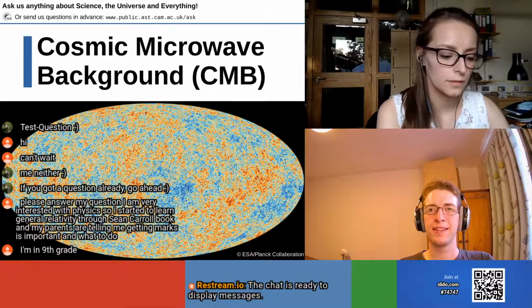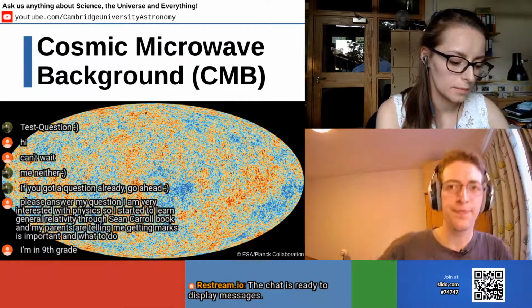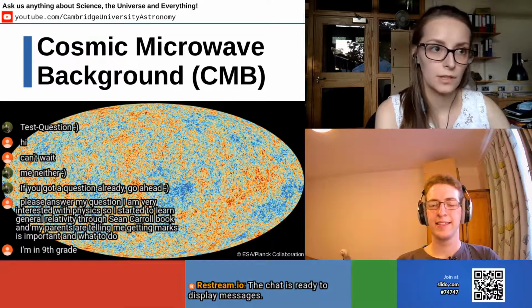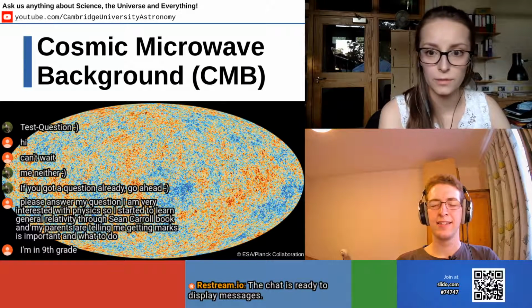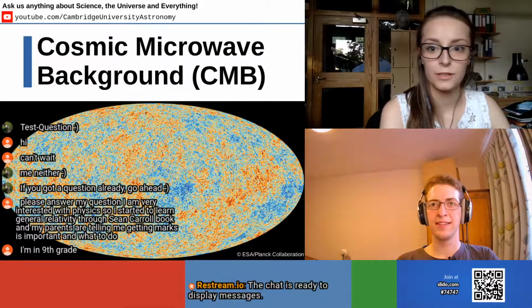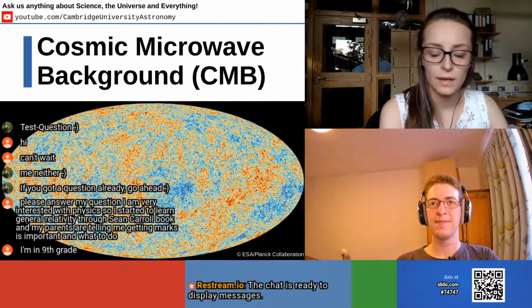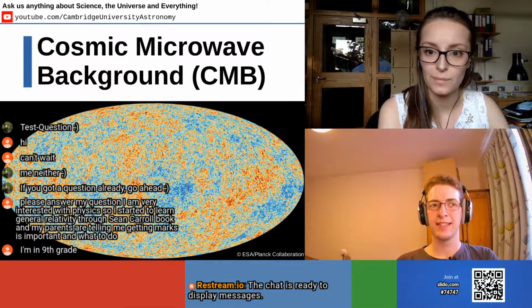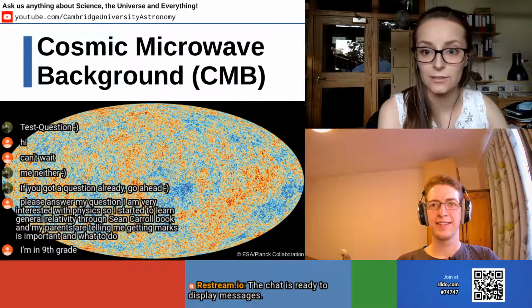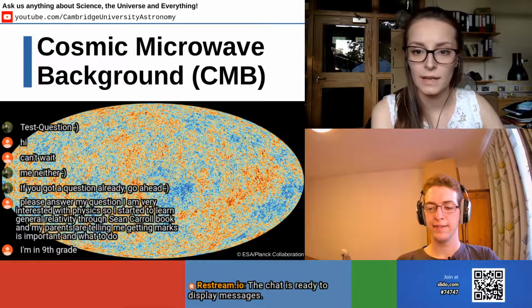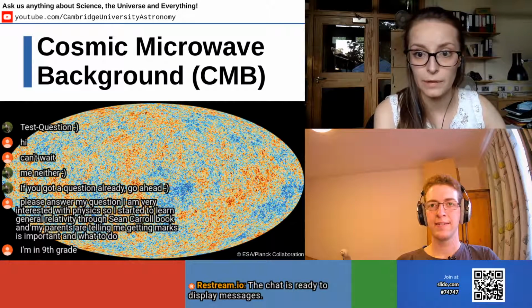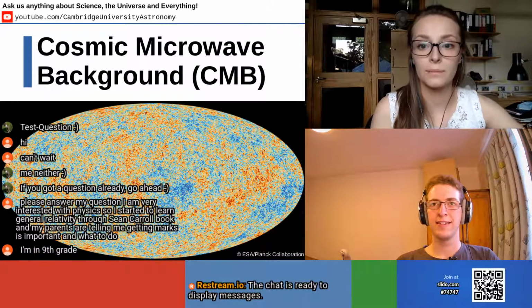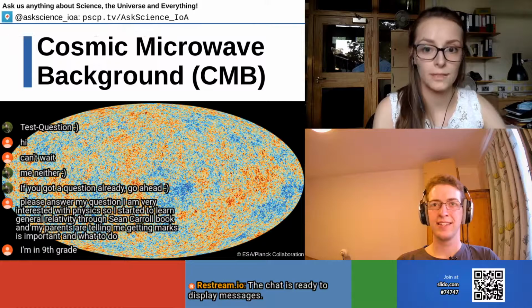But then, as the universe cooled and expanded, we started to have neutral hydrogen forming because the kinetic energy of electrons and protons wasn't large enough to keep them apart. As neutral hydrogen formed, light no longer interacted with the surrounding matter, they ceased to be in equilibrium, and light could free stream, travelling in an unobstructed way.